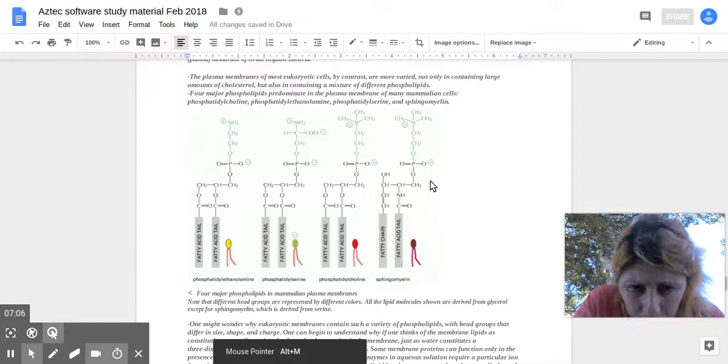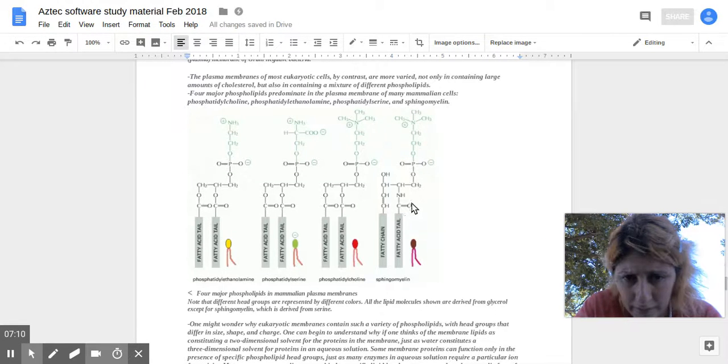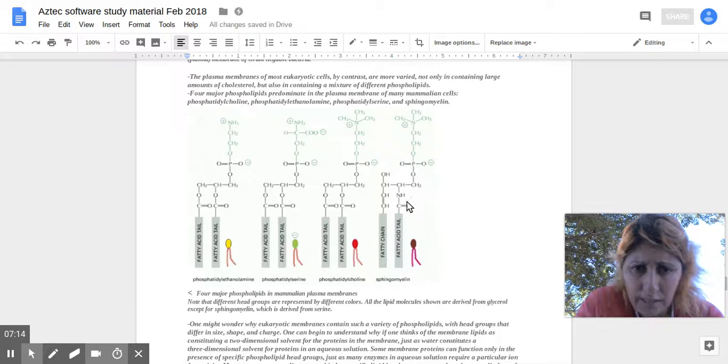Okay, so in sphingomyelin, it looks like the fatty acid tail has a nitrogen and an NH instead of one of the oxygens. It has a CH instead of another second hydrogen.